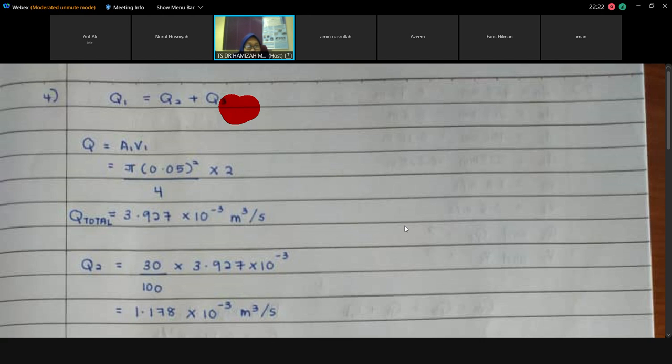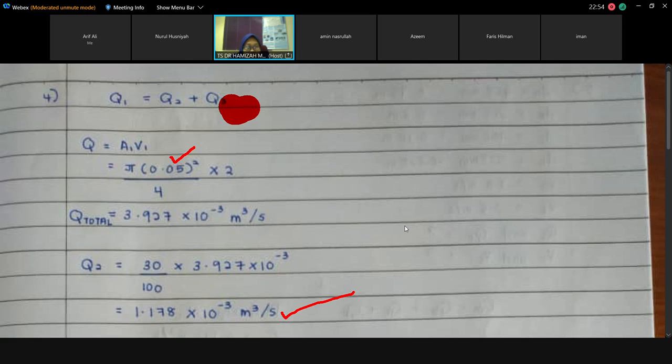And then you can do for Q1 sebab all information is given. So the area is pi d squared over 4. So this is the Q discharge total. Okay, and then dia cakap Q2 adalah 30% from the total. So very good. Okay, after dapat the discharge, of course you can calculate the V2 because the area can be calculated using the diameter.